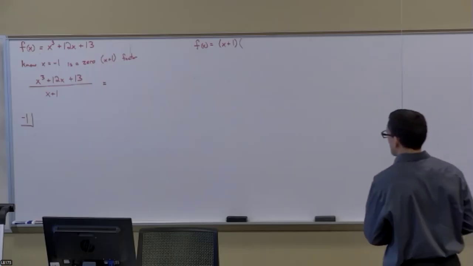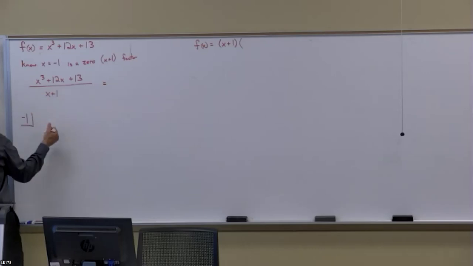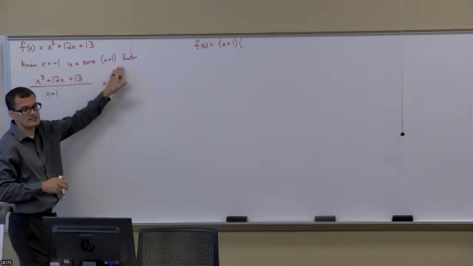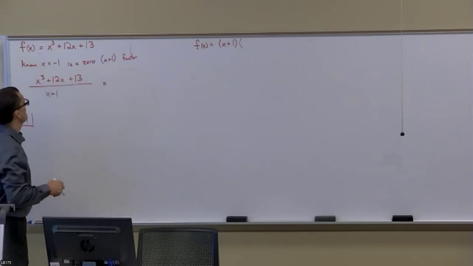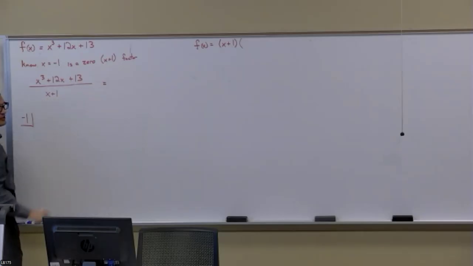All right, so let me go through this. Let's start here. We know that x equals -1 is a 0, which tells me x plus 1 is a factor. Okay? So I can divide by x plus 1, and I should get a nice polynomial with no remainder.